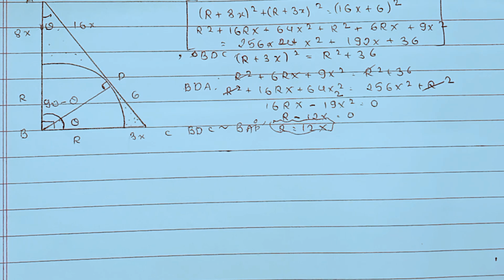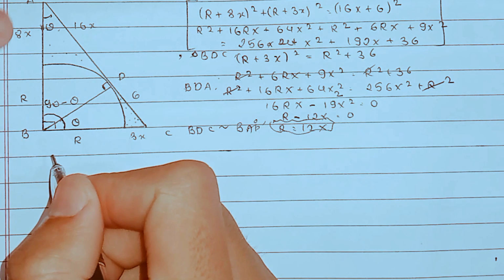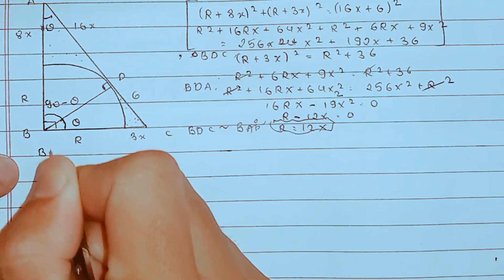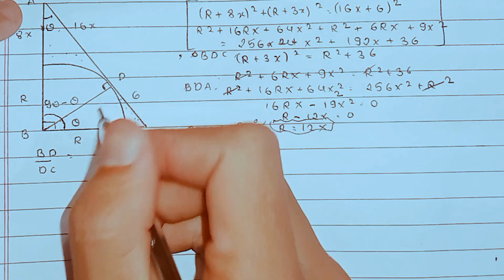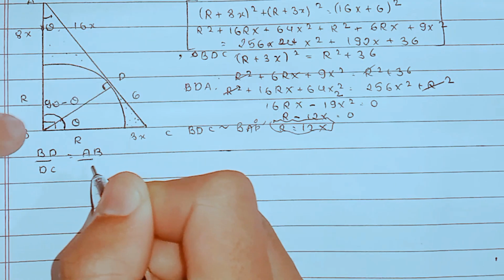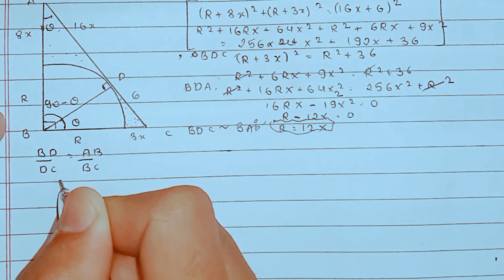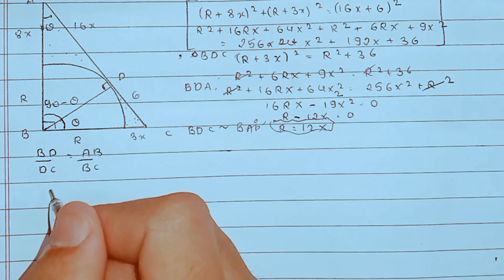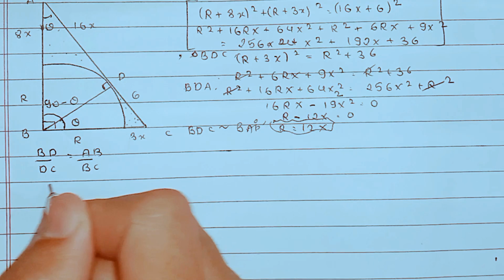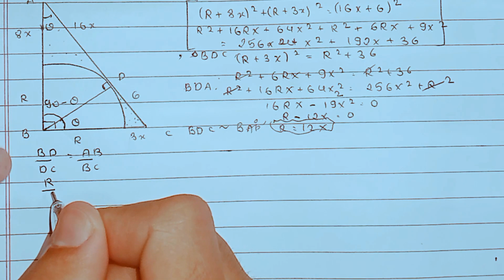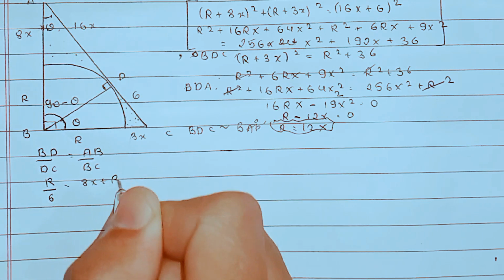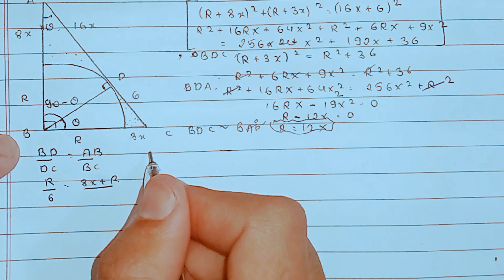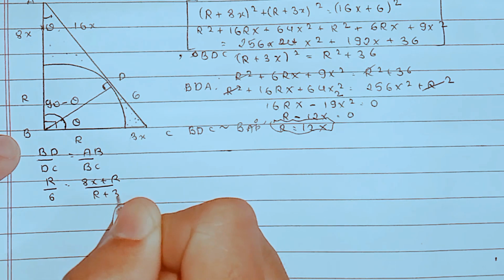Now we can use the corresponding ratios: for this theta we have BD, for this theta we have DC, for this 90 we have AB, for this 90 we have BC. BD is equal to r, DC is equal to 6, AB is equal to 8x plus r, and BC is equal to r plus 3x.